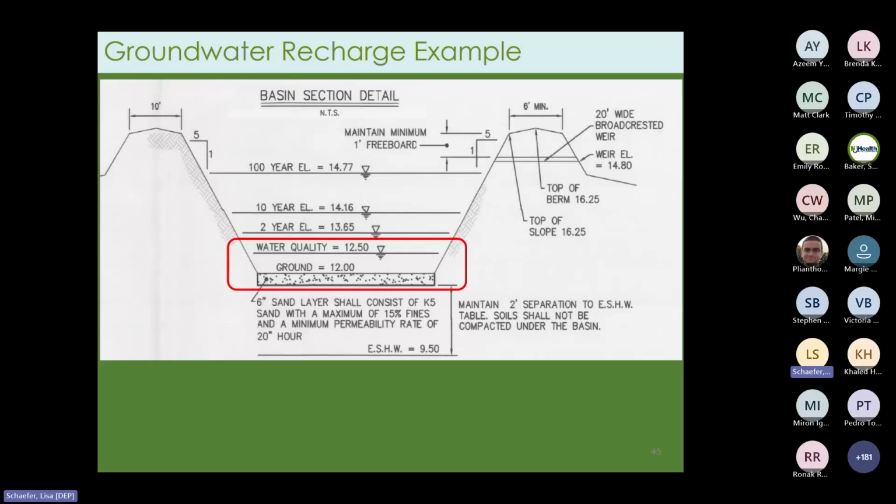From the figure, the maximum water level during the water quality design storm is at an elevation of 12.5 feet. Normally, the lowest orifice is set at this elevation. So normally, the dBMP would have been the distance between the maximum water level of the water quality design storm and the bottom. However, in this case, there's a little bit of variation.